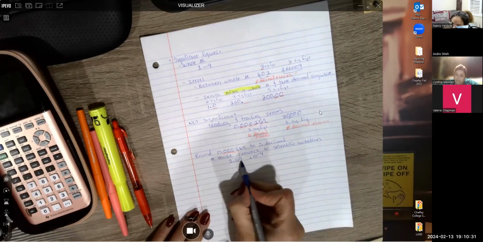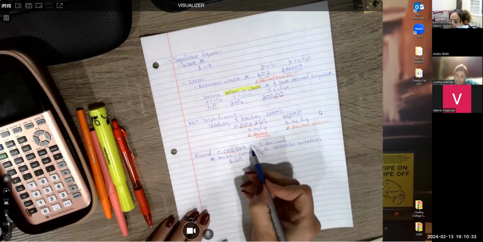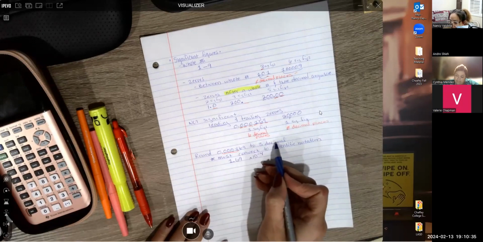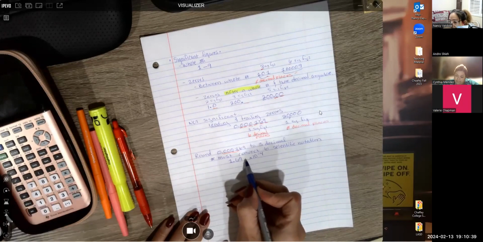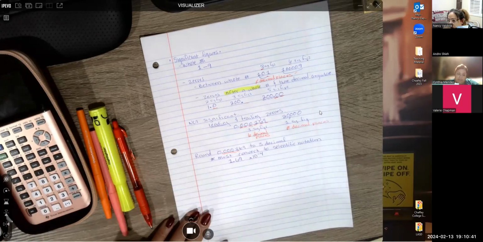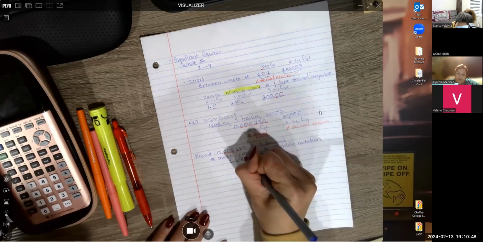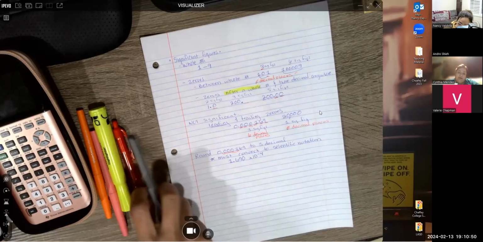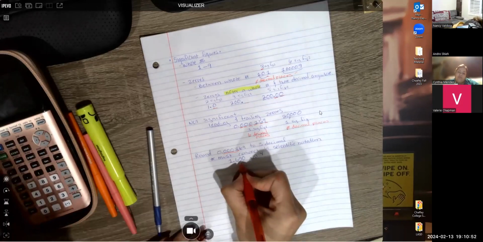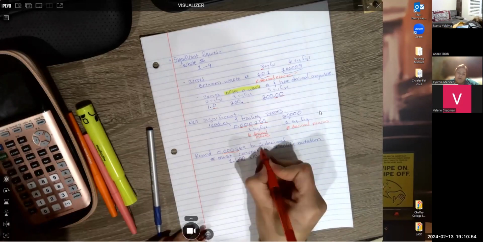Now I left the space here because it said round to 3 decimal places, right? Well, we only have 2 decimal places. So what can I add to make it 3? Another 0. Correct. So if we wouldn't add that 0, the answer would be wrong then, right?